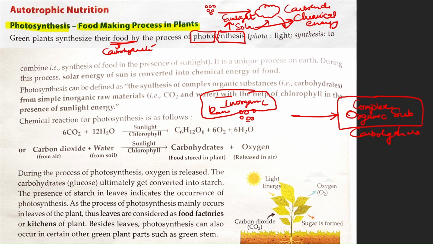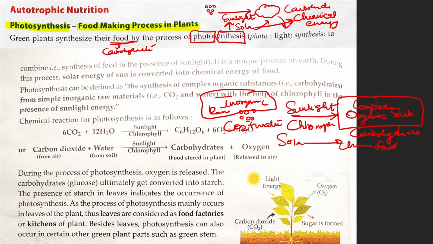So here it is carbon dioxide and water. How does this conversion happen? In the presence of sunlight, with the help of chlorophyll, this whole process is called photosynthesis. The solar energy is converted into chemical energy of food, and so this whole process is called photosynthesis.